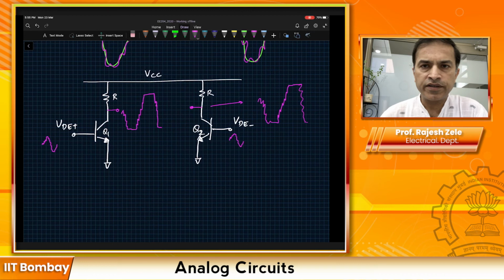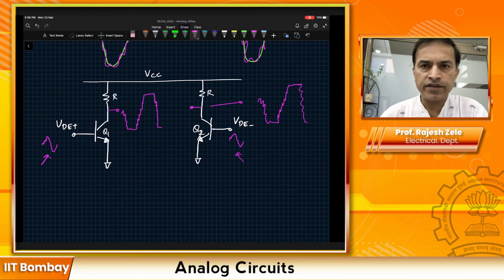So you can say that the large common mode signal is actually overdriving this stage and clipping the output, because the amplifier does not have the ability to distinguish between the undesired and desired signal, the common mode signal and the differential signal.